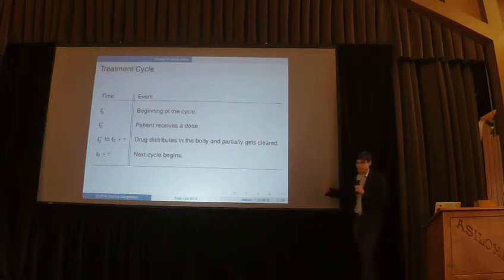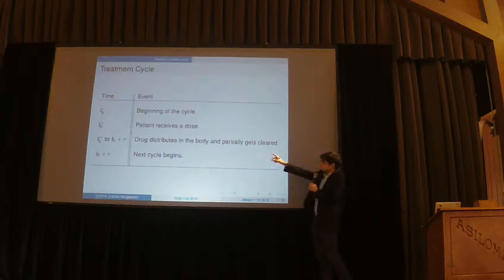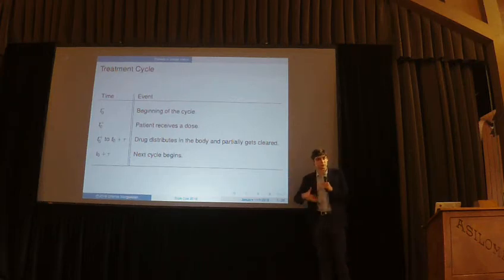It's going to undergo cycles that repeat themselves. At T0, the cycle begins. The patient receives a dose, so you're going to have a spike in the drug mass inside the patient's gut. Then the drug is going to diffuse in the patient's body according to the differential equations that I presented before, and then the next cycle begins.